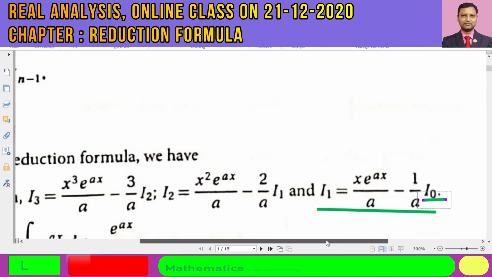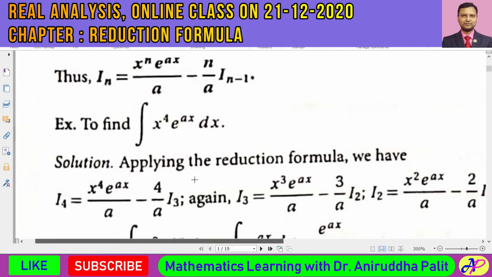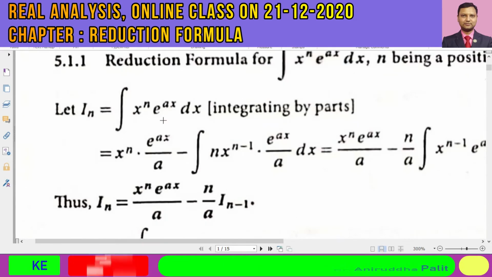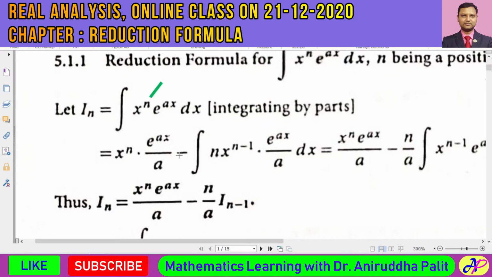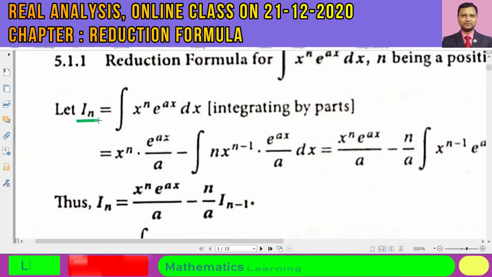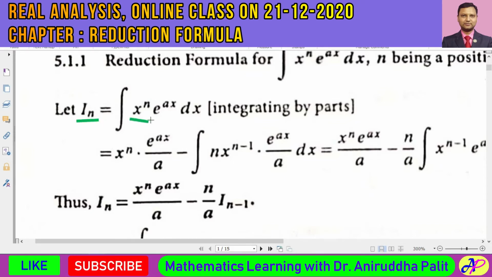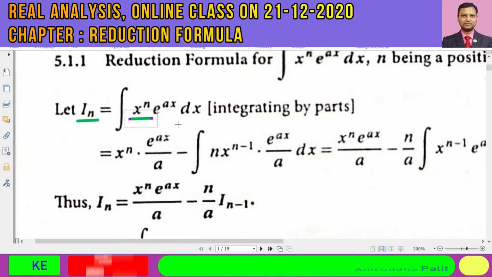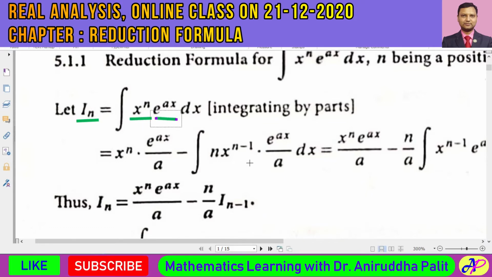Now, what is I_0? I_0 would be just put n is equal to 0 over here. So x to the power of 0 would be there. X to the power of 0 means 1. So capital I_0 will have x to the power of 0, that is actually 1 into e to the power of ax.